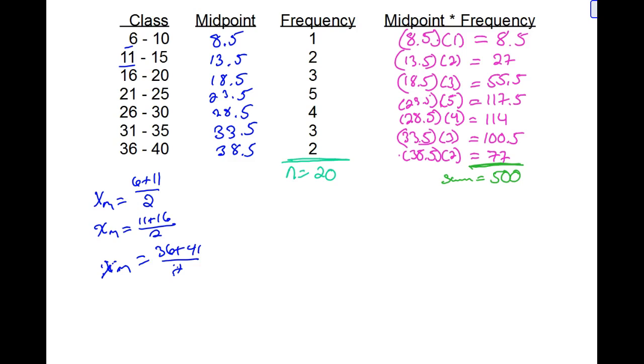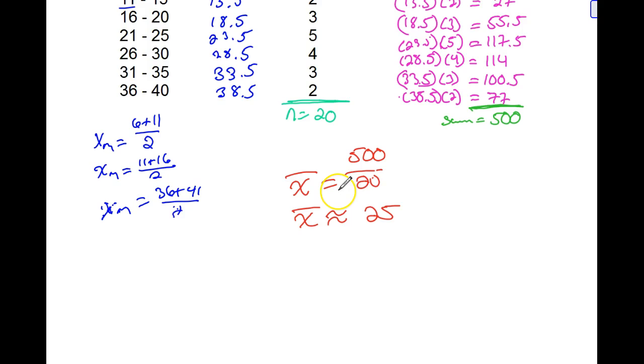Anytime that you have a frequency distribution, it will be a sample. And so my sample mean is going to be my 500, which is the midpoint times frequency column added up, divided by my n, which in this case is 20. So my mean is approximately 25. So the mean number of miles run during 1 week is 25 miles.